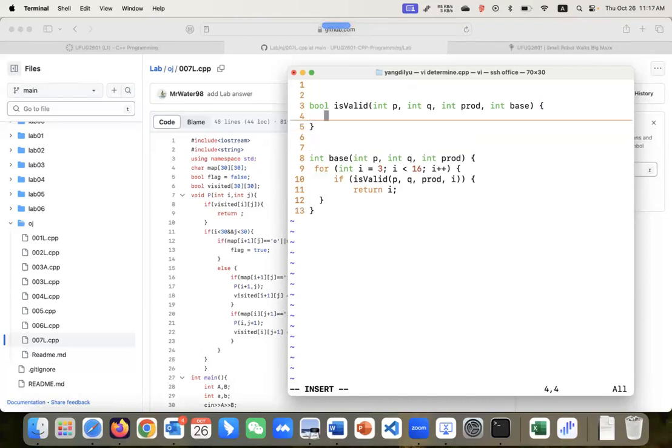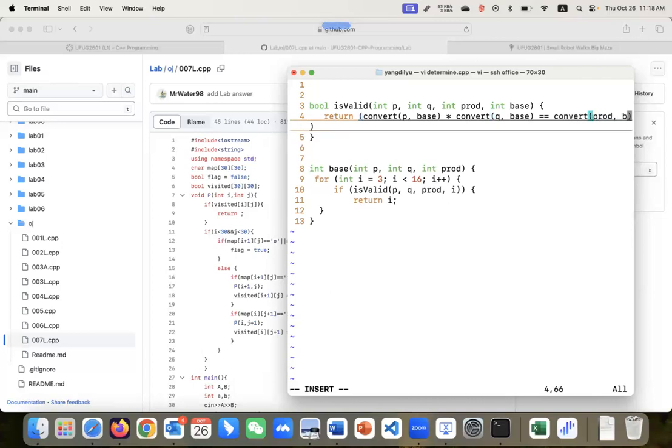You would say, okay, I would return something that, if I convert my current P based on base, times convert my current Q based on base, equals convert my current product into a base, I'm done, right?